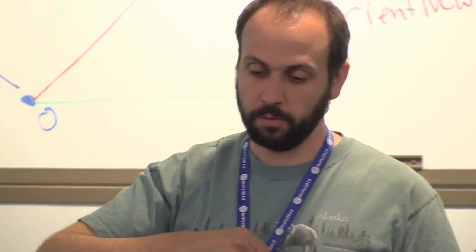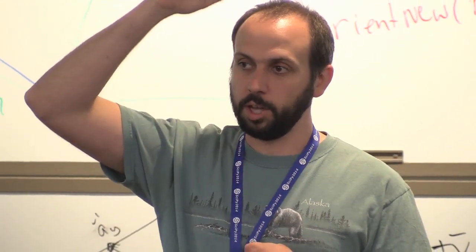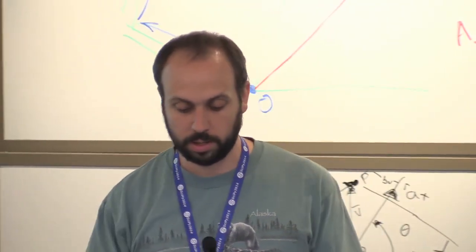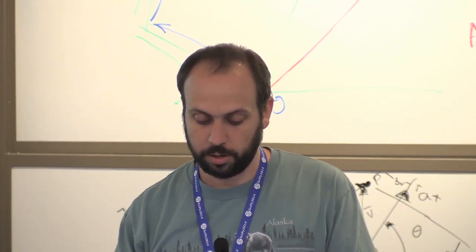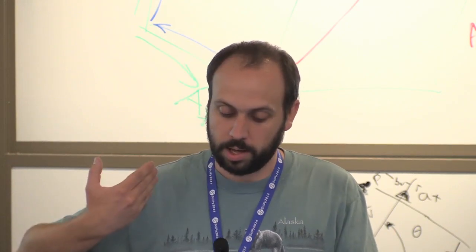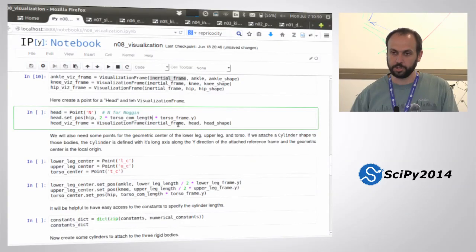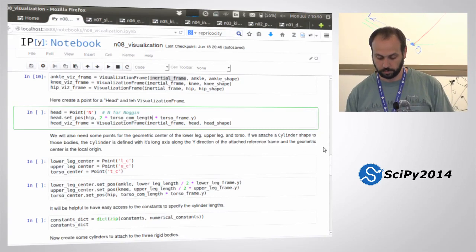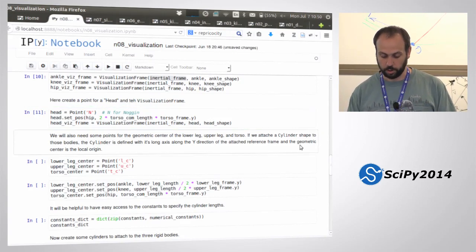That's the only point that we have available currently, so we're just going to double that and assume the head is up here at the top. So we create a new point by making a vector along the torso frame's y-axis and just double the length of the distance that we had specified in the original problem. And then we create the visualization frame for that.